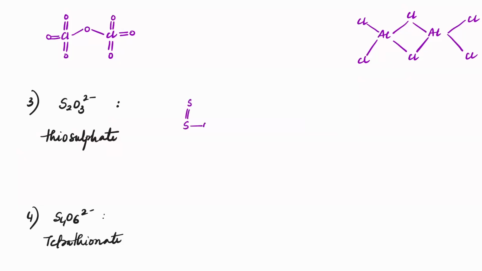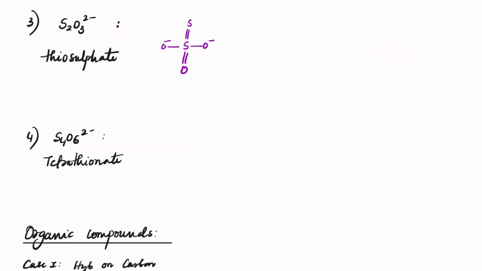We can have this as O minus, O minus, and double bond O. This is thiosulfate. Tetrathionate. One second. We have S, S, and S here. Then we have double bond O here. And then at the ends, we have O minus, like this. So here we have lone pairs, this way.